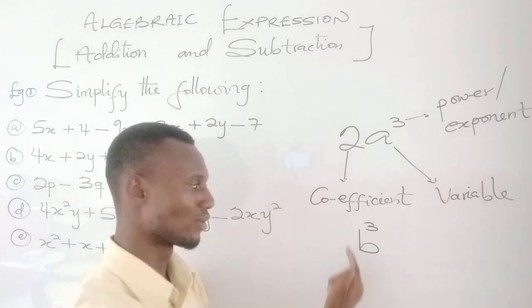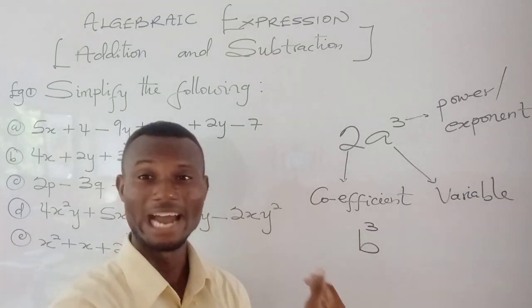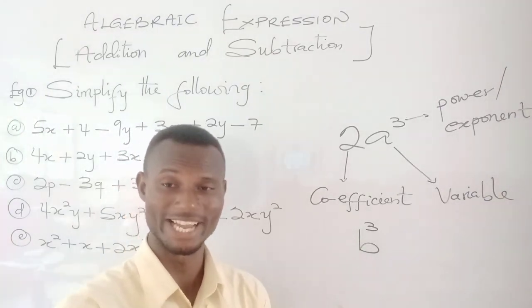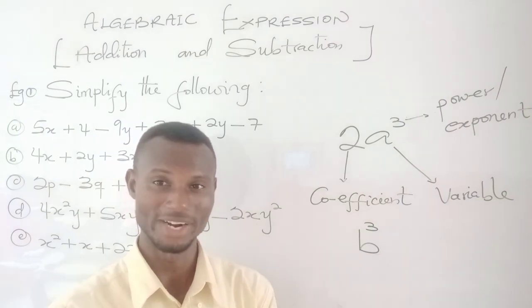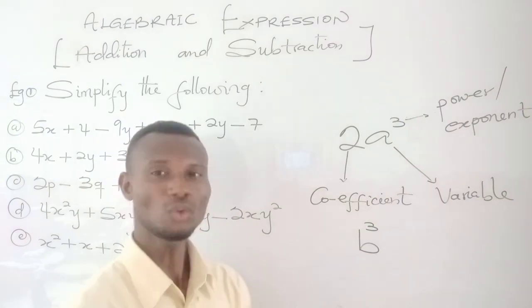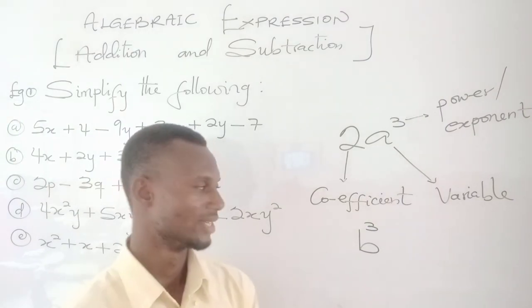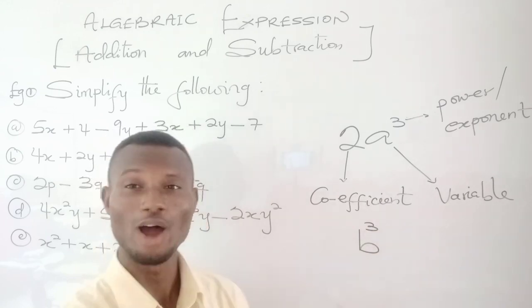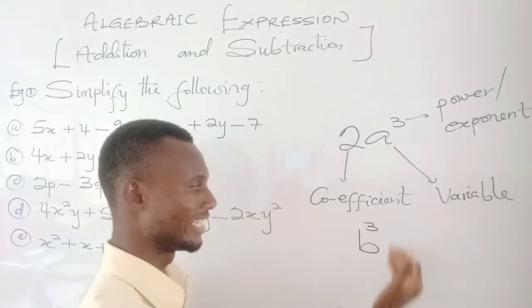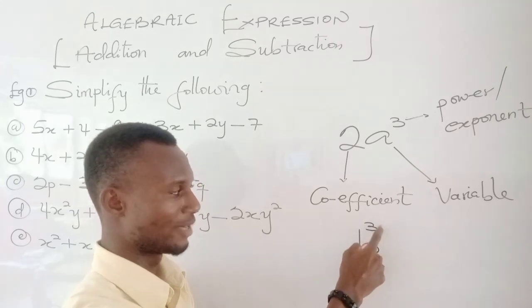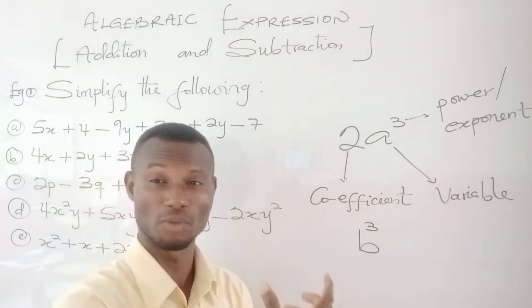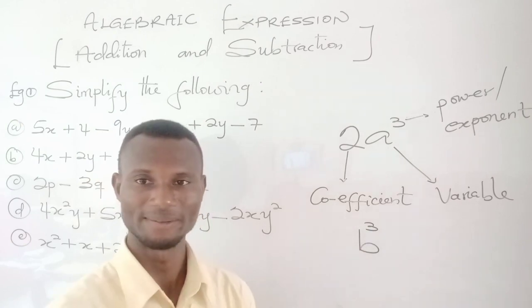In this case, we don't have any specified number in front of the variable b, so it means the coefficient is 1, as I've already explained. Now, when I ask for the power, it is 3, the number on top of the variable. In this case, you can see that there's a specified number there, which is 3, so it means the power or the exponent is 3.